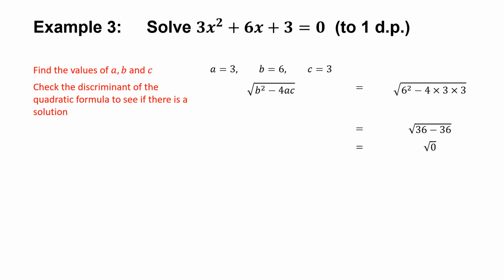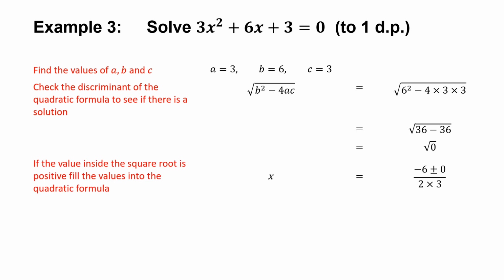So this is the square root of 0. Now, because the discriminant equals 0, in this case, we're going to have one solution. So x equals minus 6 plus or minus 0 divided by 2 times 3. So this just simplifies to minus 6 over 6, which is minus 1.